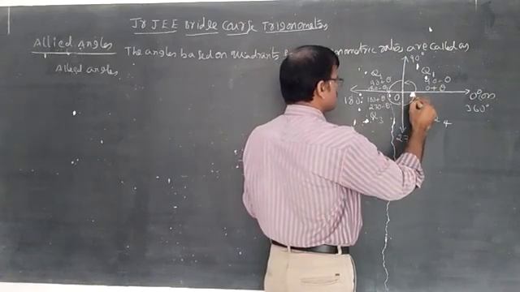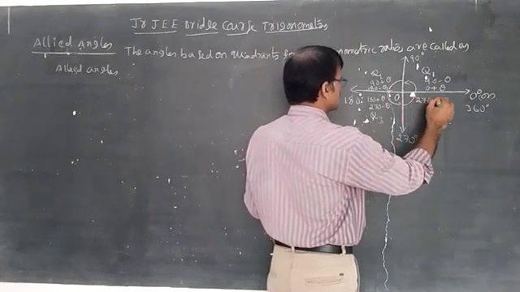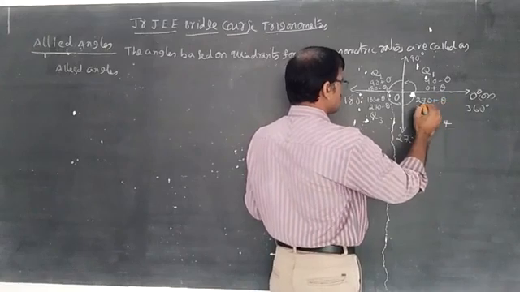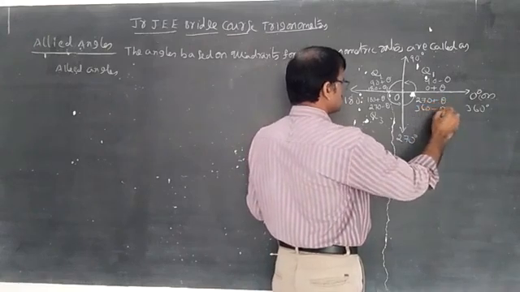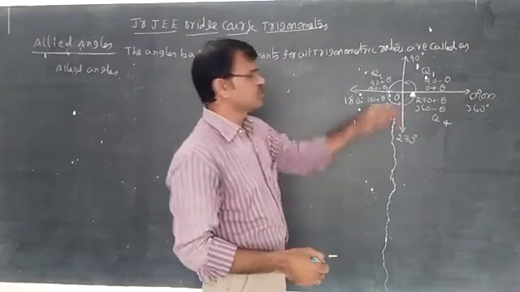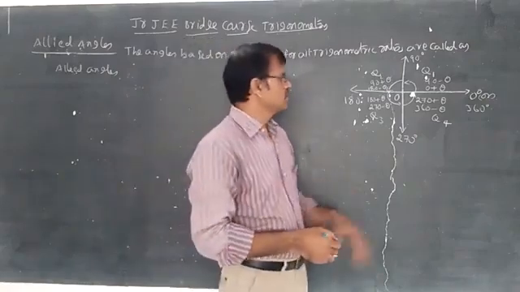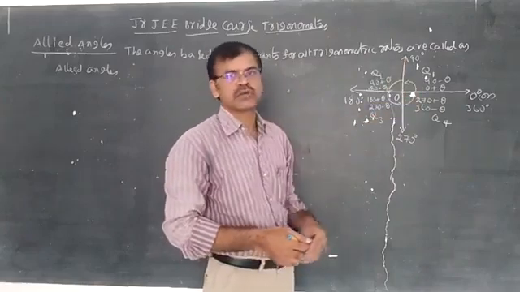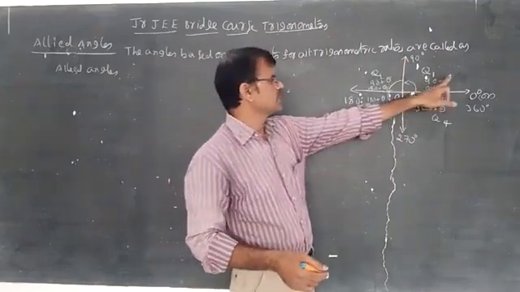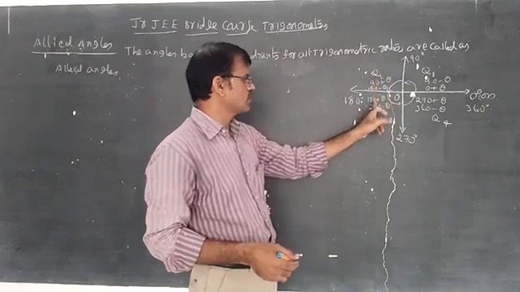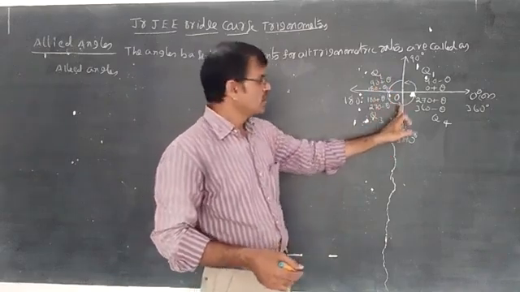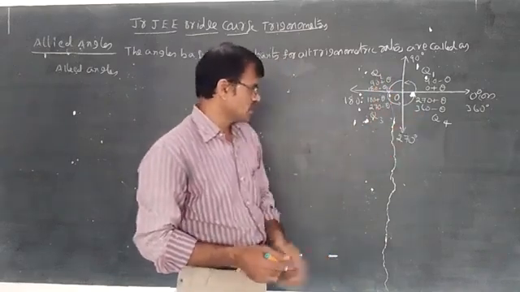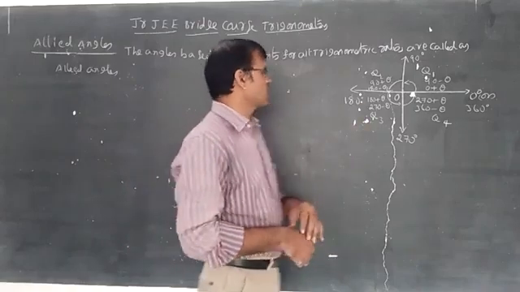Next, you can rotate here and you can say 270 plus theta or 360 minus theta. This is the position of the angle in the rotation regarding the coordinate system. So 0 plus theta, 90 minus theta, 90 plus theta, 180 minus theta, 180 plus theta, 270 minus theta, and 270 plus theta, 360 minus theta. That is the part of the angle.